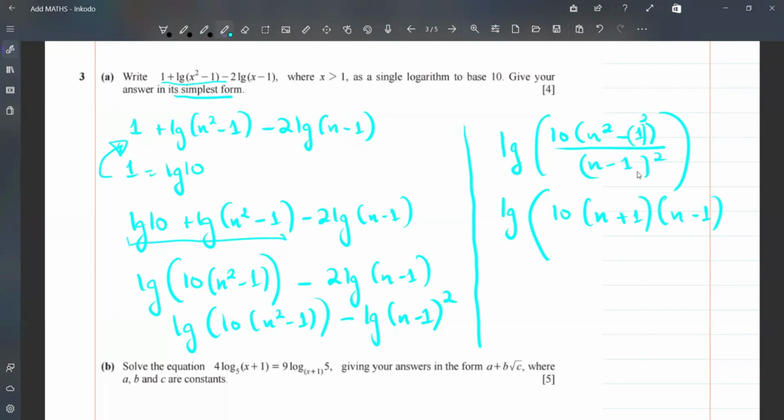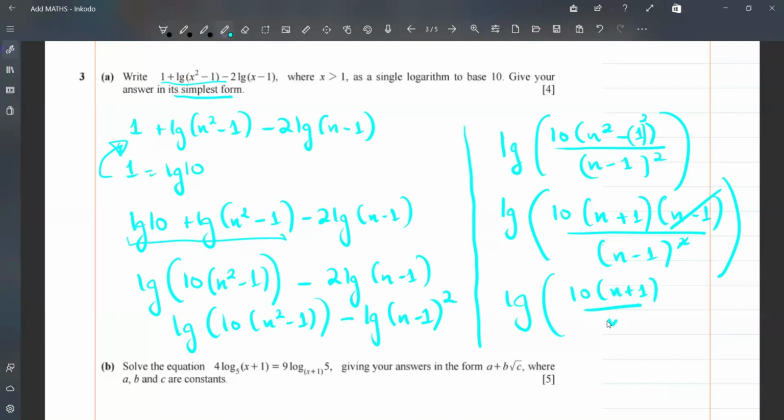Therefore, the identity (a + b)(a − b) will be applied here. All right, (x − 1)². Notice this and this cancel out. What is left is 10(x + 1) upon (x − 1). This is our answer.